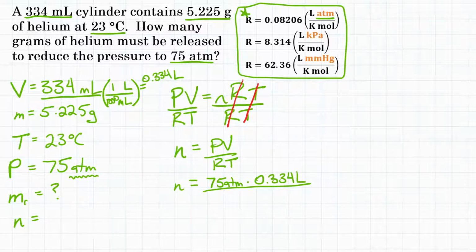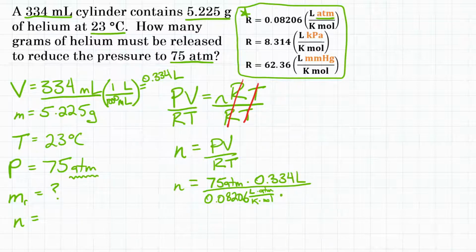So on the bottom of our equation, we have 0.08206, and the units on that are liter times atmospheres over Kelvin times mole. Okay, and then that times T, temperature.